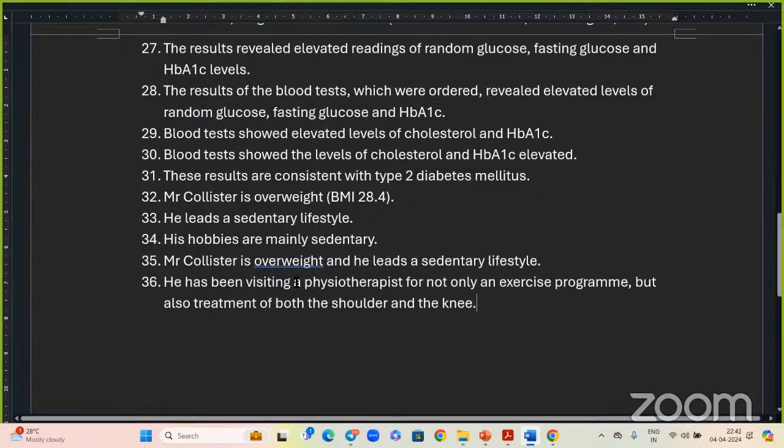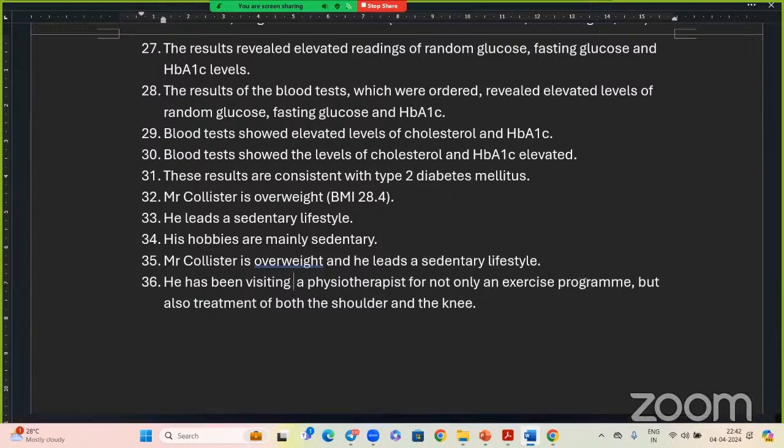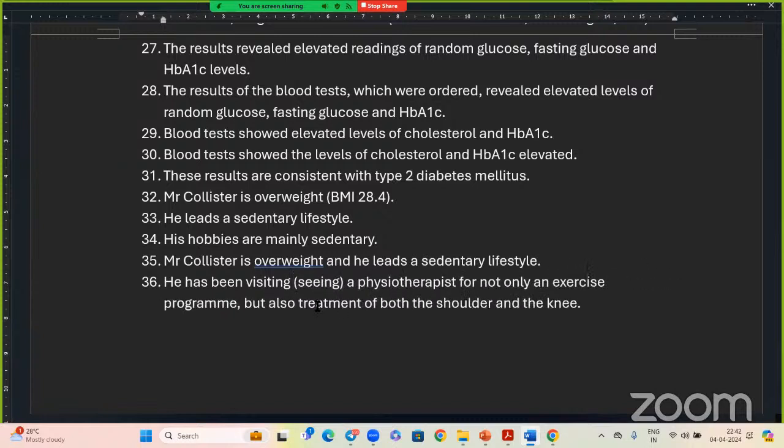So he has been visiting, so here you can say in brackets, seeing a physiotherapist for not only an exercise program but also treatment, or you can also say management of both the shoulder and the knee. Which shoulder, which knee? The affected shoulder and knee.